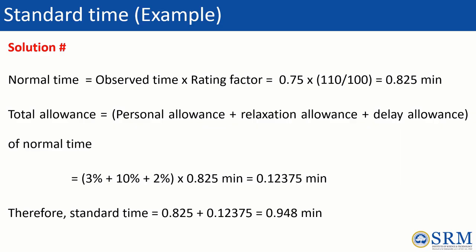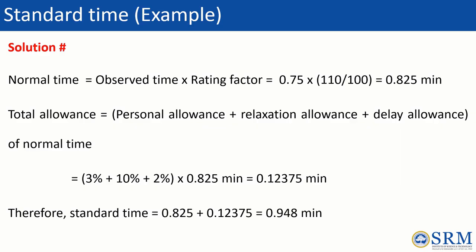Finally, we add the total allowances to our baseline normal time to arrive at our standard time. So adding this 0.825 with the total allowances, we get 0.948 minutes. So this is the standard time. This is how we have to calculate the standard time. Hope you understand this problem.